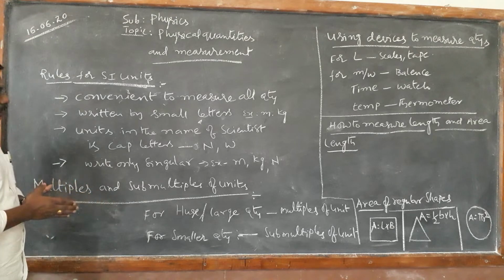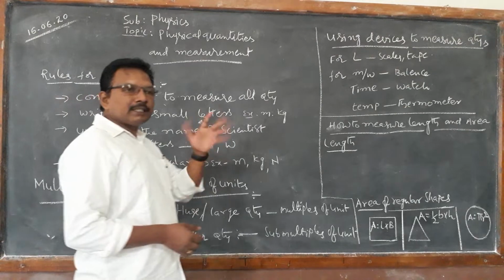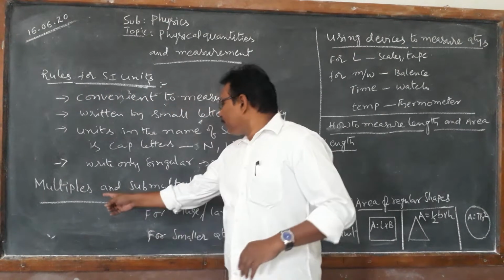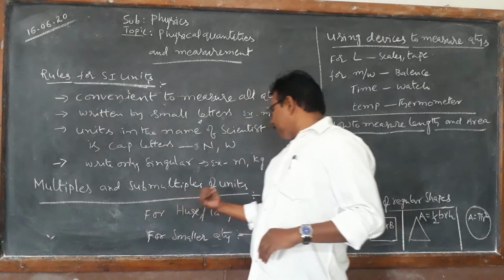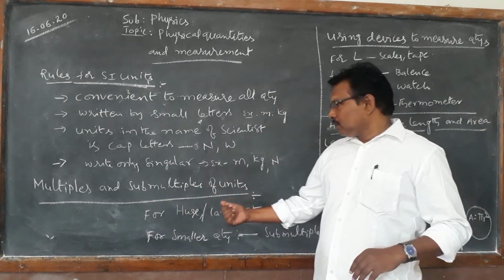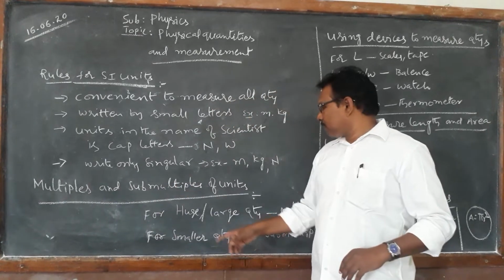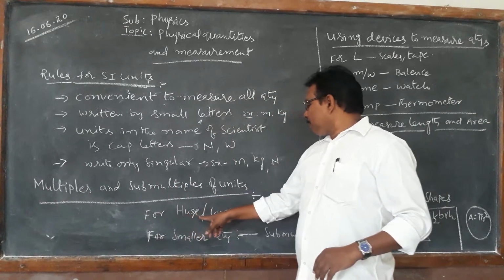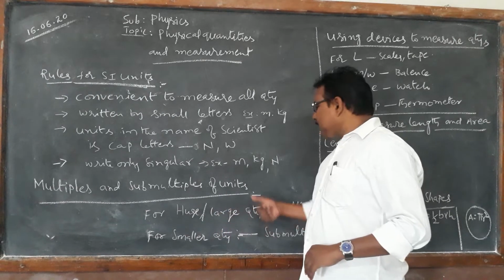Next, some units can be multiplied or submultiplied. You see, multiples and submultiples of units. When do we use multiples, and when do we use submultiples? To express a huge or large quantity, we multiply the units.